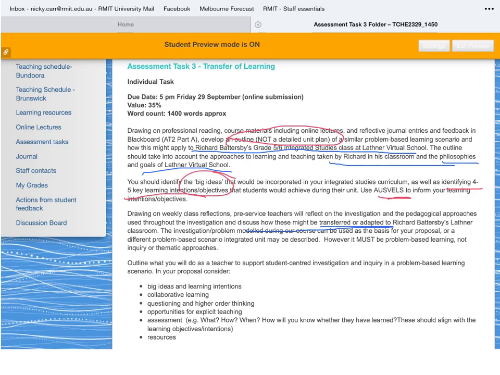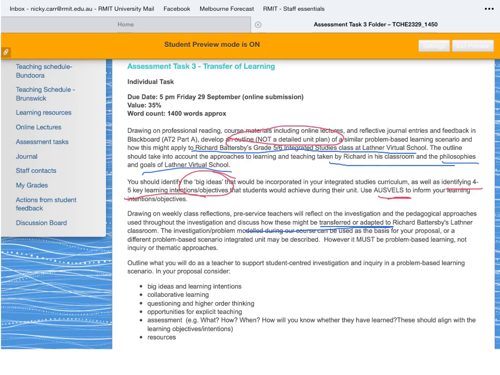It's unlikely that you'll be able to transfer what we have done at university directly to a classroom setting. Primary schools and universities are different places. University students and primary school students may have different needs. So your transfer of learning needs to reflect what might be done differently in a primary school classroom to a university. And along the way in the investigation, we've unpacked some of those ideas for you.